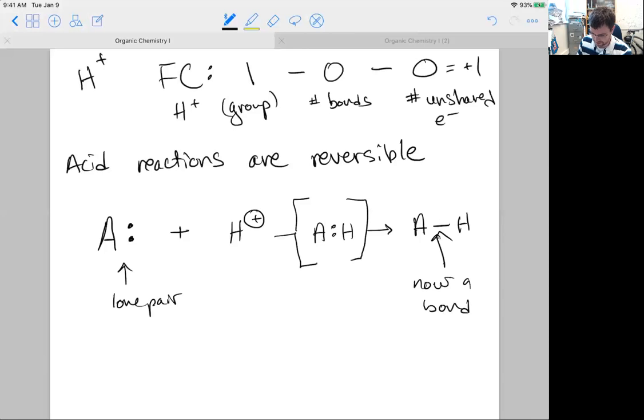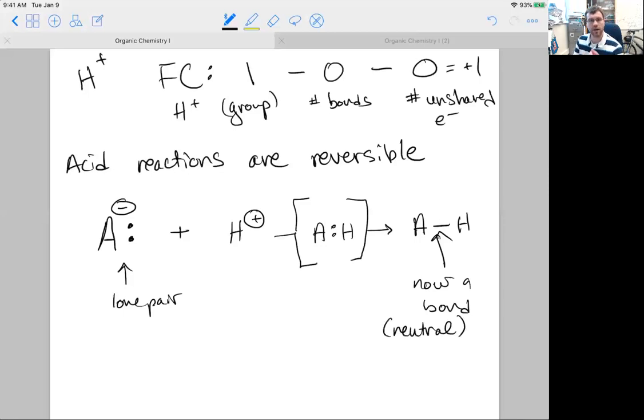So we have a lone pair, it engages H plus, and becomes a bond. What we like to do in this case is to make the charges a little bit easier. We're going to say that A originally was an anion. Maybe it was a polyatomic anion, maybe it was just a single element anion. We'll look at an example here in a second. But A minus will engage H plus to make now a neutral molecule.